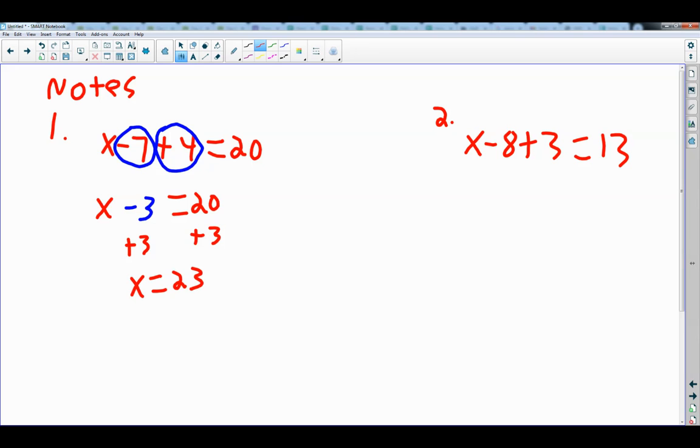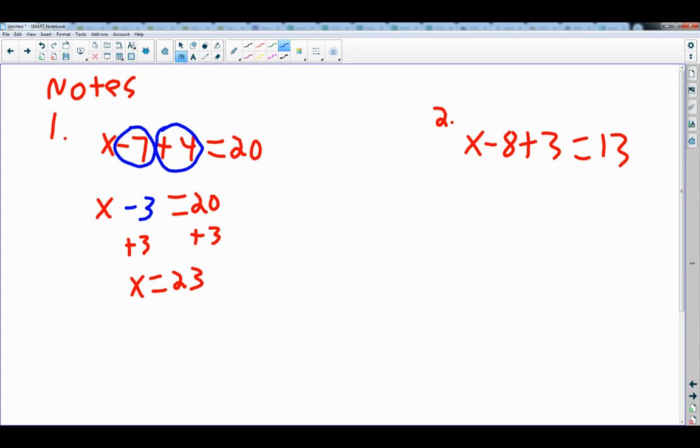If you're not so good with adding negatives, you don't like negatives like I do, I hate negative numbers, we're going to try to eliminate as many negative numbers as we can. So for number 2, we're going to do this a little bit differently. We're going to look at our regular number terms because we have a regular number with 13 over here on the right, and we have 2 regular numbers with negative 8 and positive 3 over here on the left.